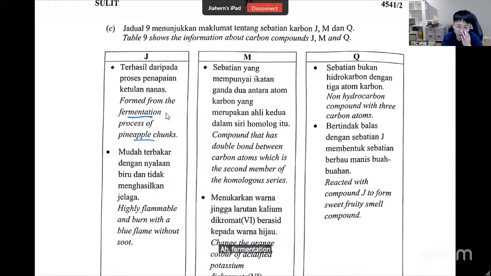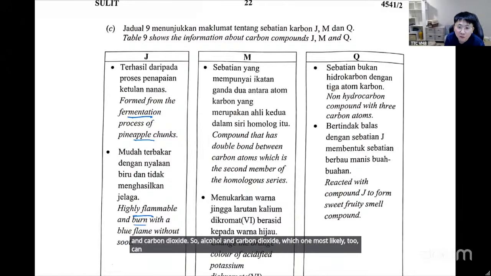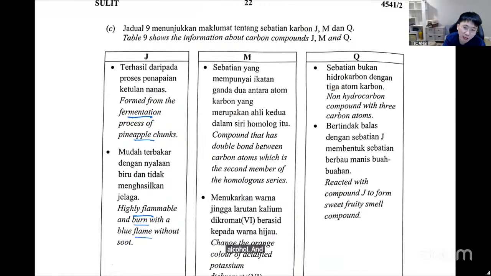Fermentation always gives you what? After you ferment your glucose, you always get alcohol and carbon dioxide. Which one is most likely to burn and give you a blue flame? Alcohol. And the specific alcohol from fermentation is confirm ethanol. Fermentation only forms one alcohol, ethanol.